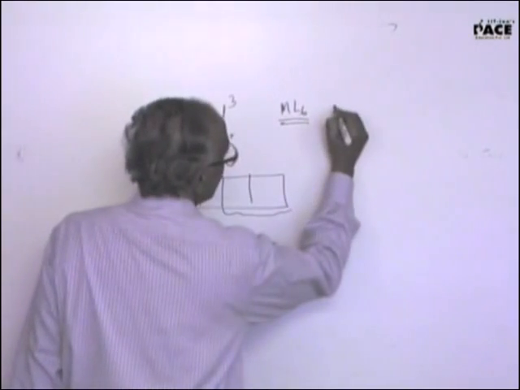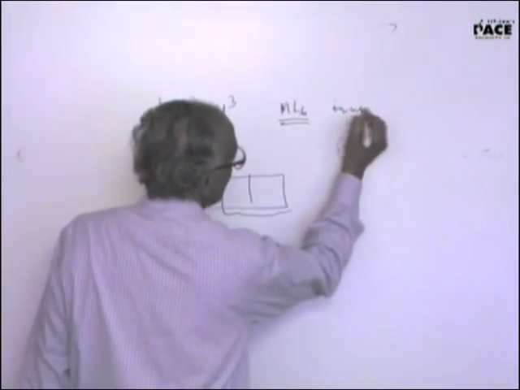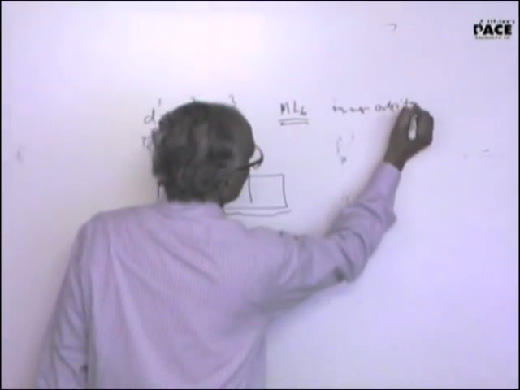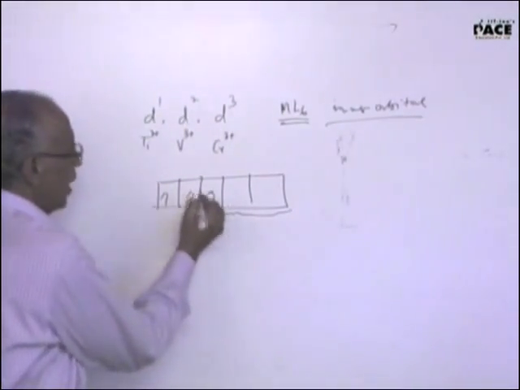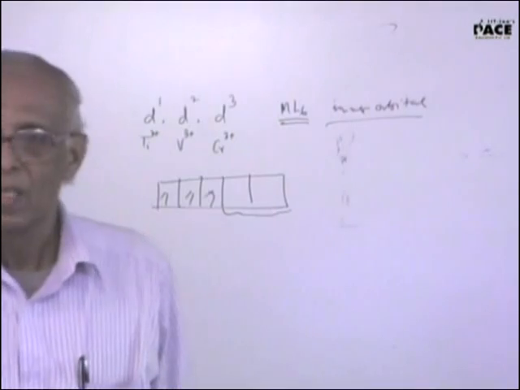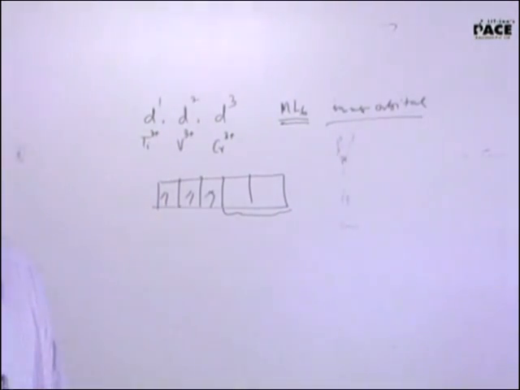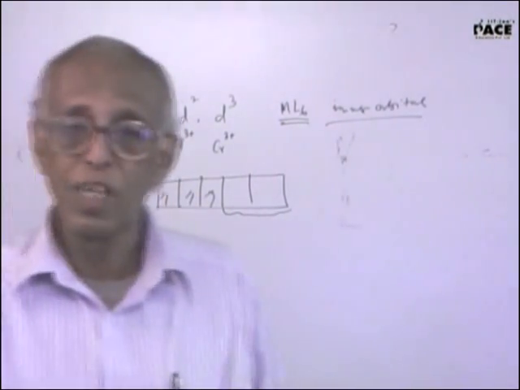So they will always be inner orbital complexes. d1 will have 4 vacant d orbitals, d2 will have 3 vacant d orbitals, and d3 will have 2 vacant d orbitals, and I require only 2 d orbitals.